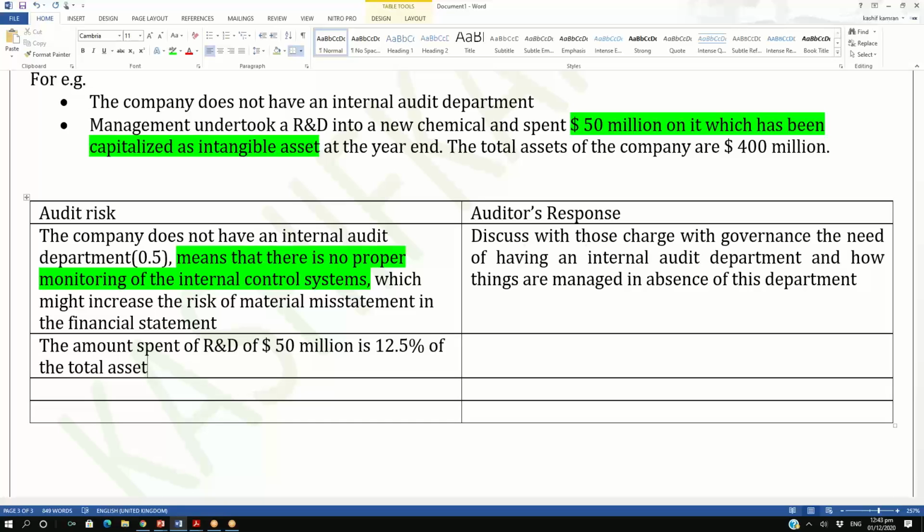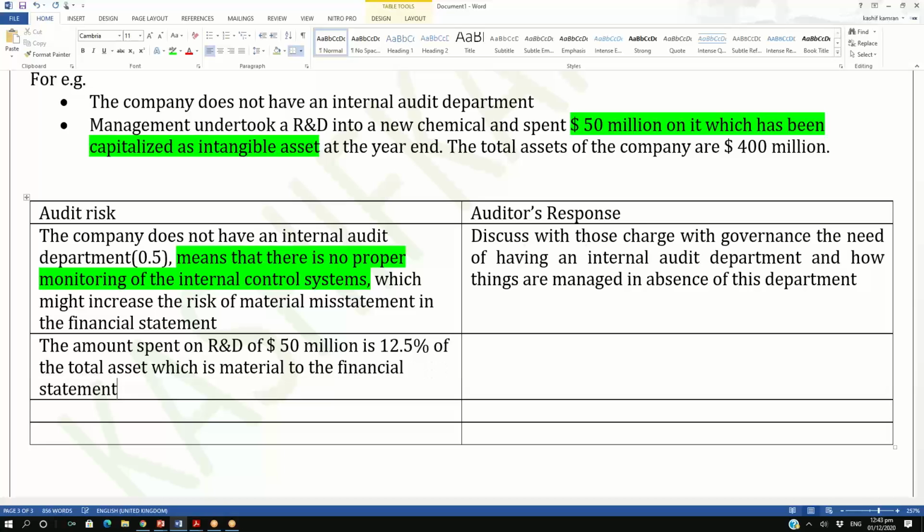Finding the materiality where possible is very good, right? The amount spent on research and development of $50 million is 12.5% of the total assets, which is material to the financial statements. I hope you know the rules of finding the materiality on total assets, profit, and revenue. Full stop. You found the materiality, it's material, then you identify the risk.